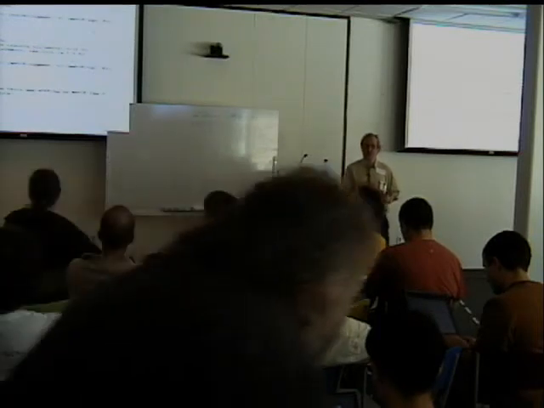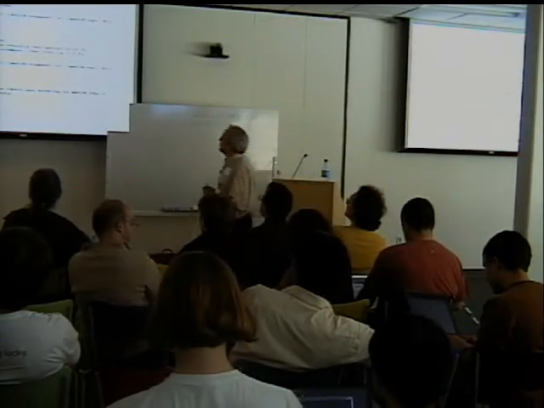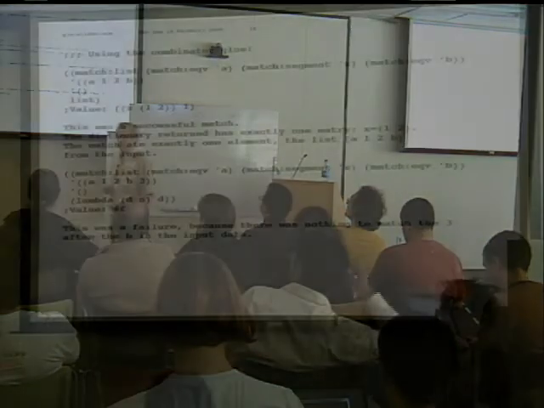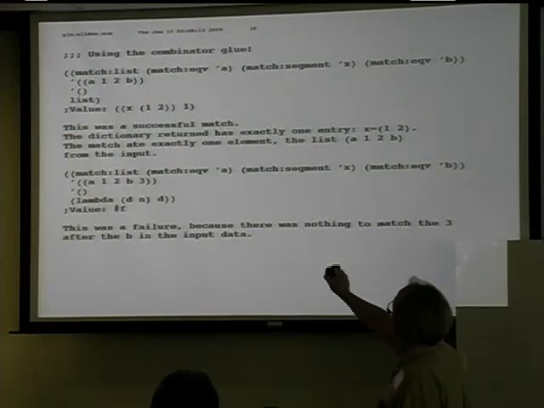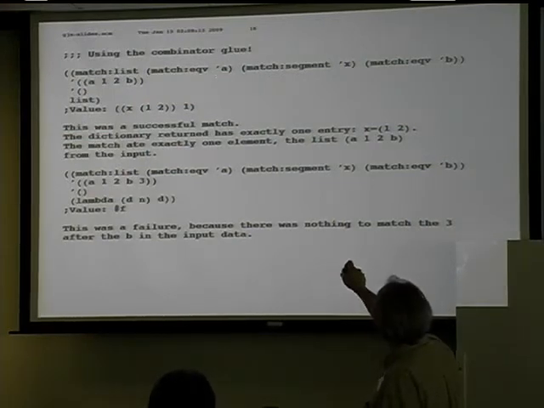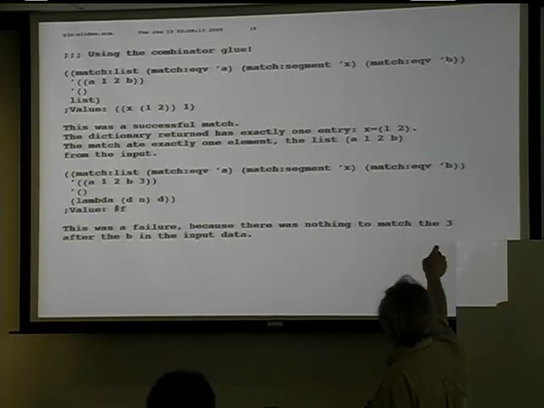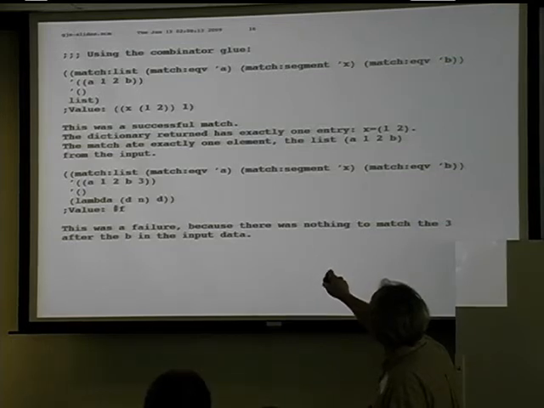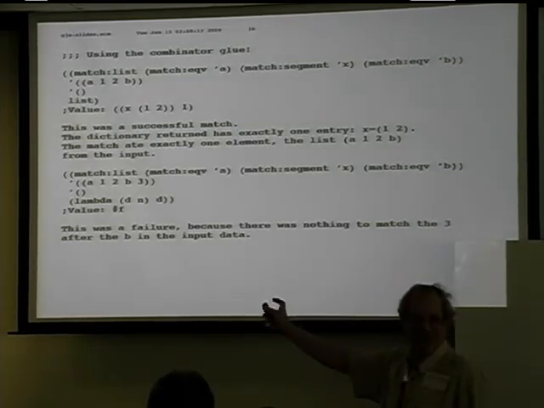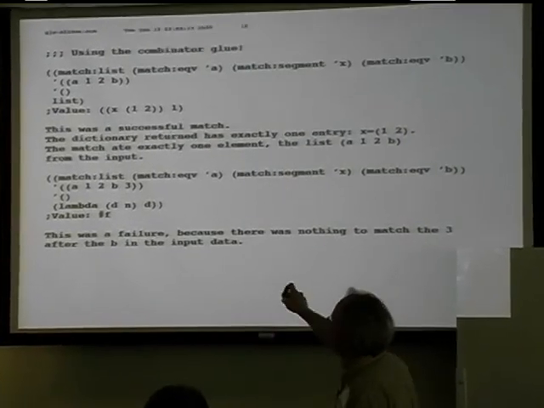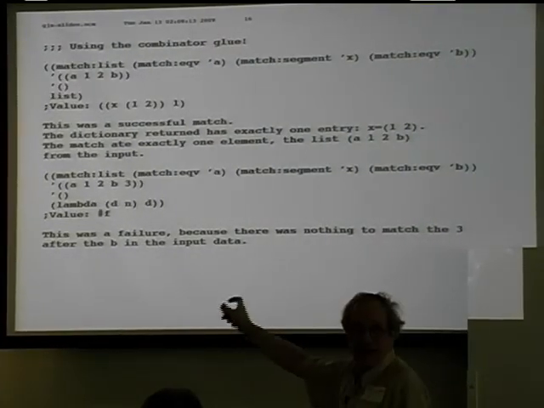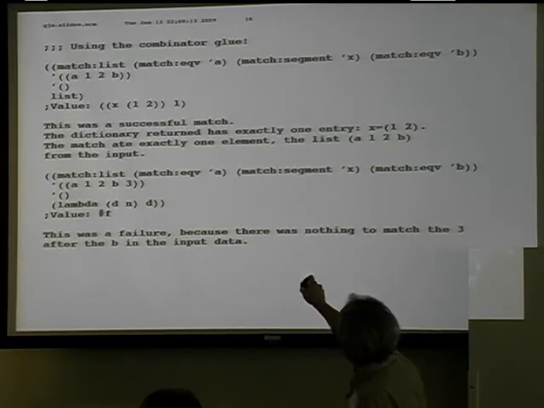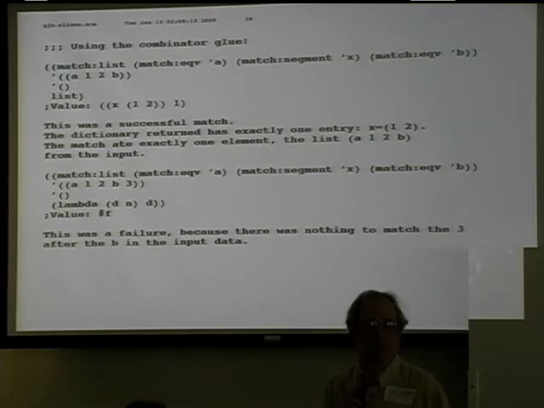So, using the combinator glue for lists, you see here a slide which shows some examples. If I want to match a list containing a constant A, a segment X, and a constant B, against the stream containing the list A, 1, 2, B, then with the initial empty dictionary, X gets bound to 1, 2, and I ate one object, one list, from the input stream.